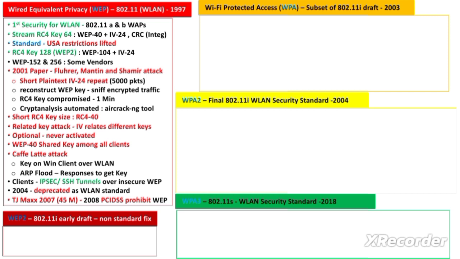And in 2007, the TJ Maxx retailer got hacked due to WEP, and 45 million clients' data was stolen. So in 2008, the Payment Card Industry Data Security Standard prohibited the use of WEP for any credit card processing system.